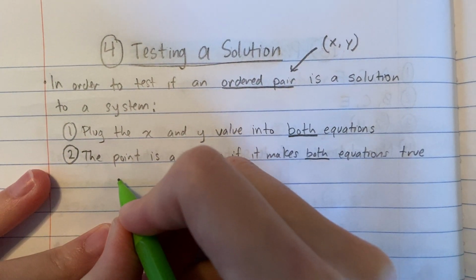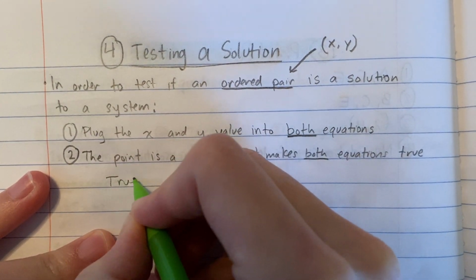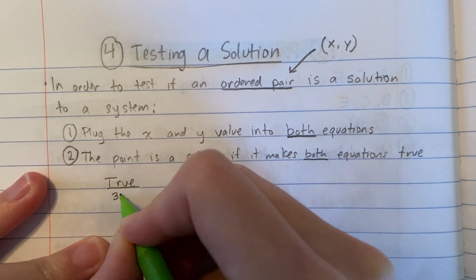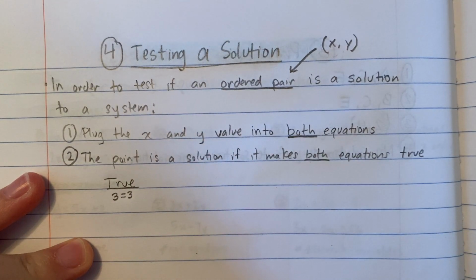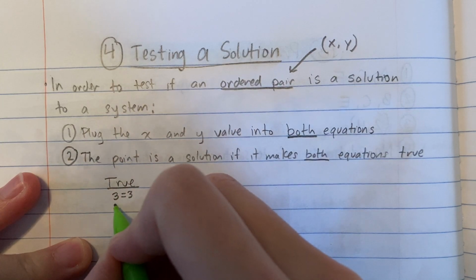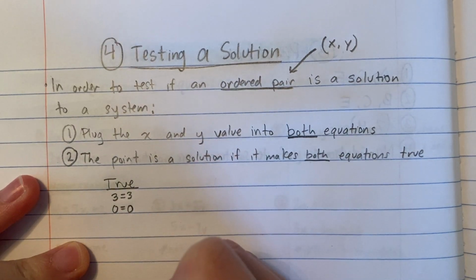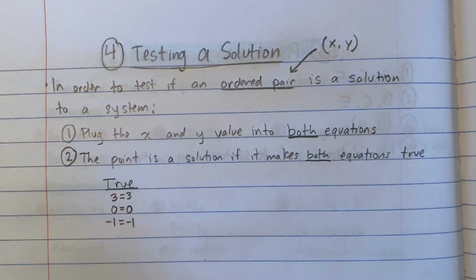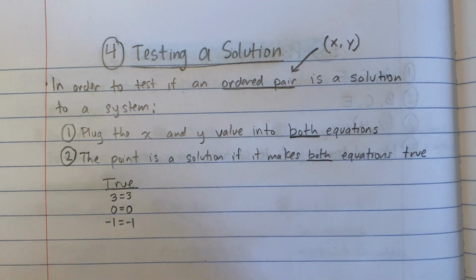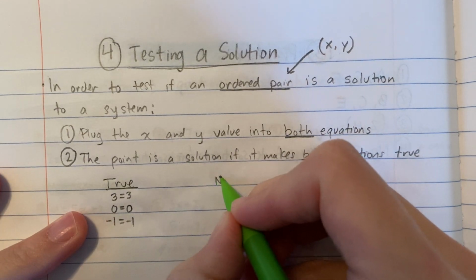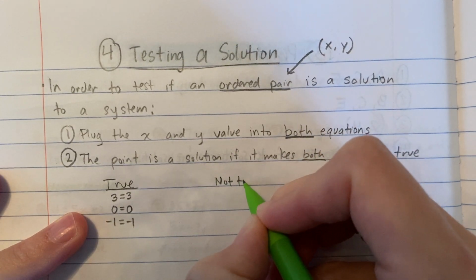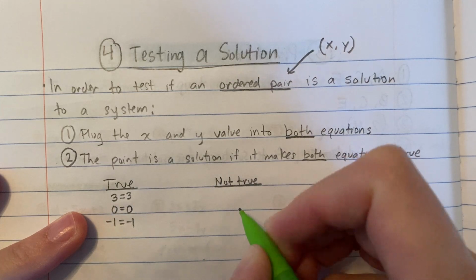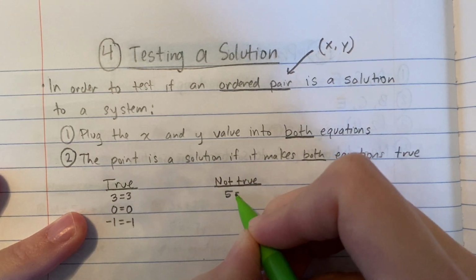What does that mean, true? Here's a true equation, 3 equals 3. Here's a true equation, 0 equals 0. Here's a true one, -1 equals -1. Those are true equations. Now, a not true, or false, equation looks like this: 5 equals 3.